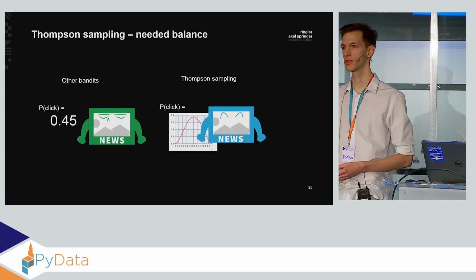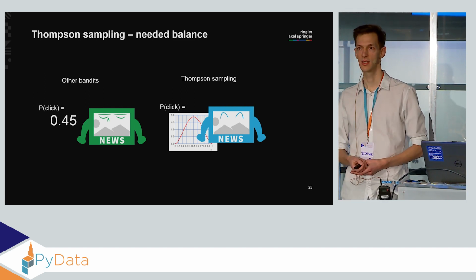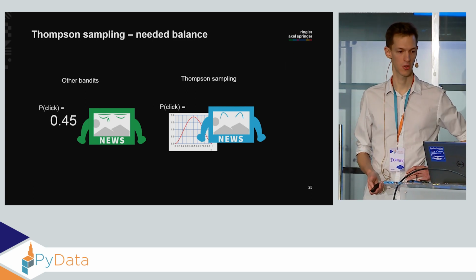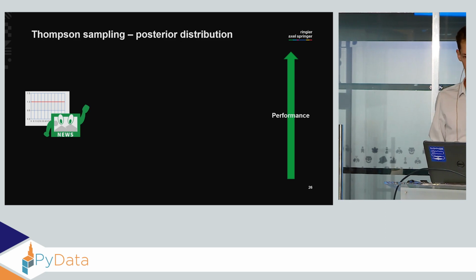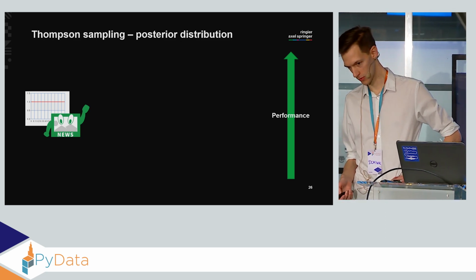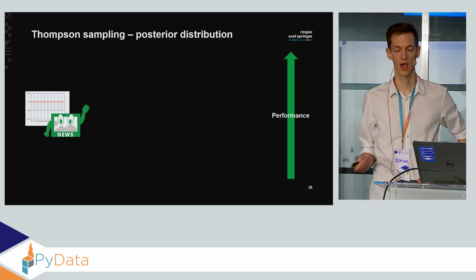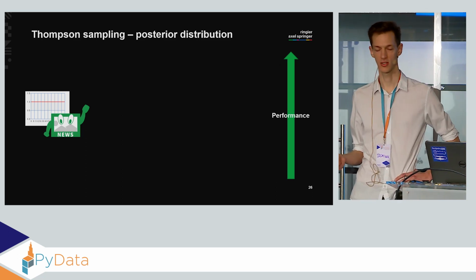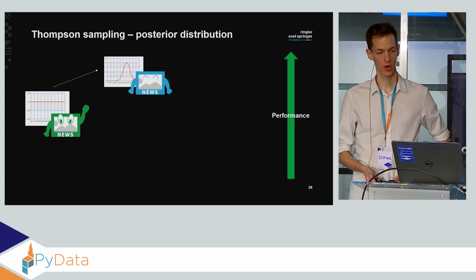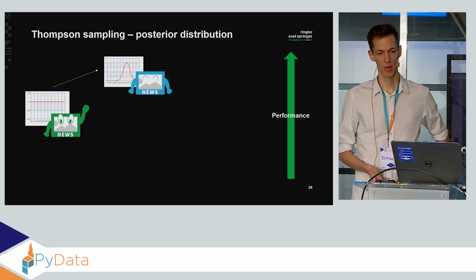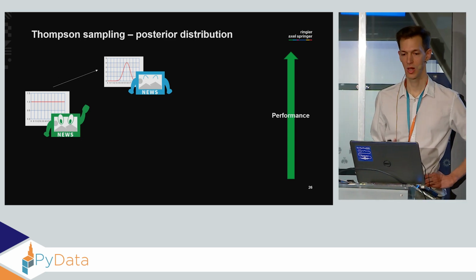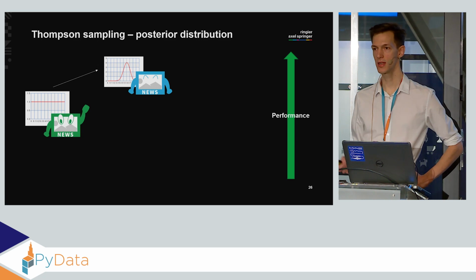And the cool thing about this function is that it can be updated based on how the article is really performing. So we can see that we start with a completely uniform distribution, which represents our maximum uncertainty about this article, so we know nothing about it. And then based on the trials that we perform, we might update this function so that, in the case of a well-performing article, it starts skewing to the right.